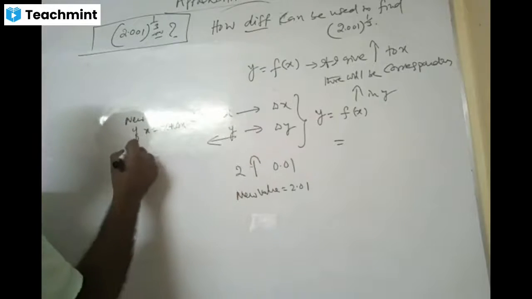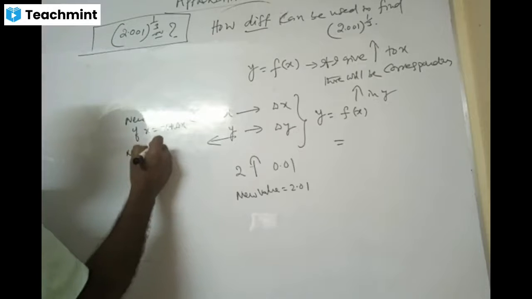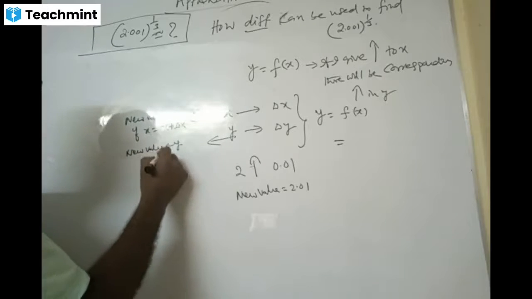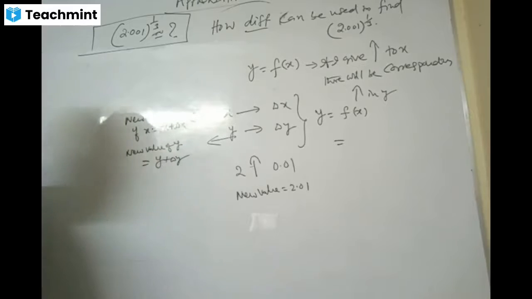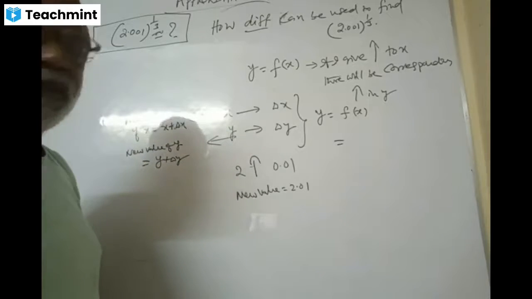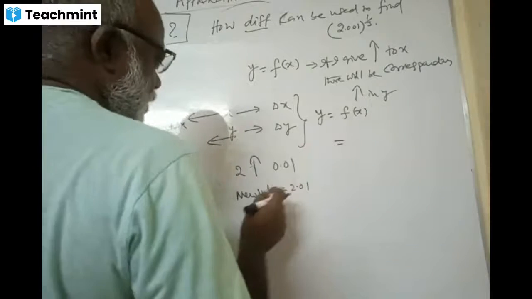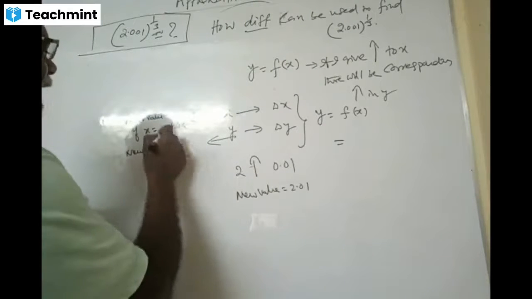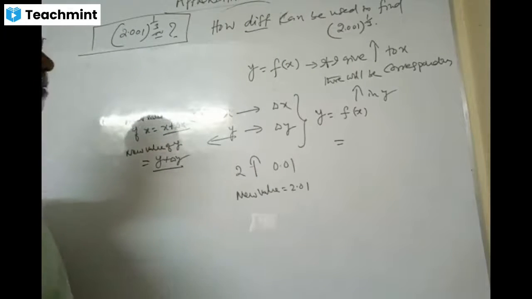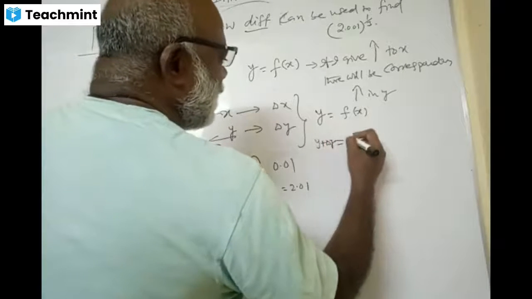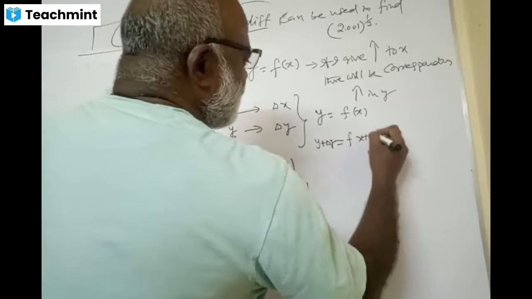The new value of y: y is changed to y plus delta y. So y plus delta y is equal to f of x plus delta x.